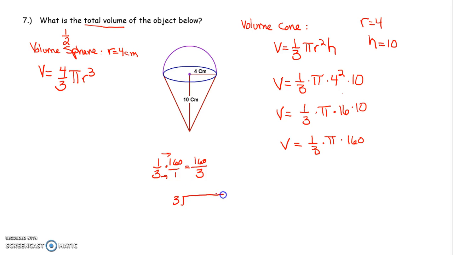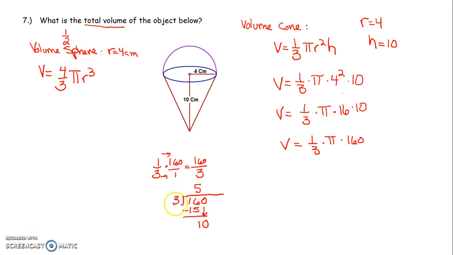Again, I have no calculator at home, so I got to work this out. See, in life, even if you don't have a calculator and somebody says to you, tell me what 160 divided by 3 is, you can still do it. So that's what I'm going to do. 160 divided by 3. 3 goes into 16 5 times. 5 times 3 is 15. Subtract off. Got 1 left over.